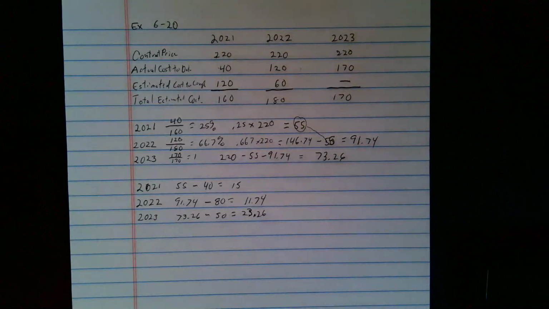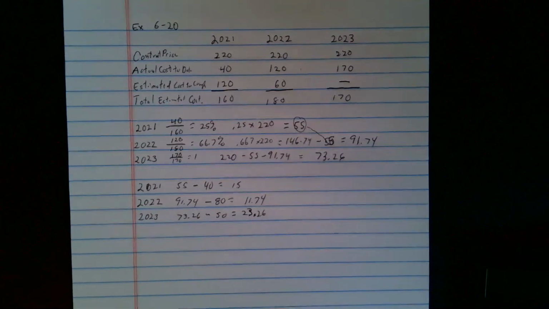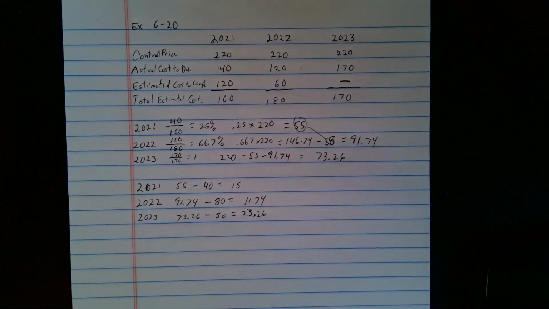All right. Now, on this same problem, they say how much gross profit will Sanderson report in 2021, 2022, and 2023 income statements related to this contract, assuming the project does not qualify for revenue recognition over time. Well, that's easy. In 2021, we'll recognize 0 revenue and 0 gross profit.